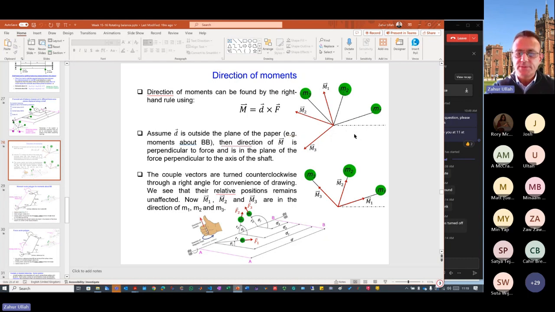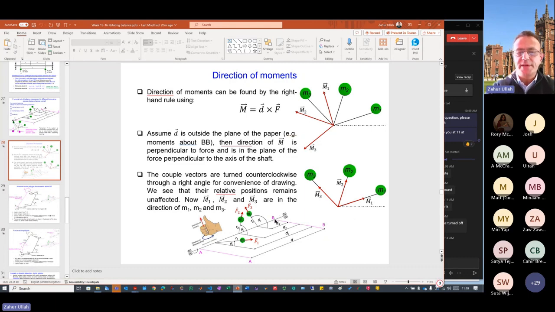But because this whole system is rotating, if you take M1, M2, and M3 along the masses M1, M2, and M3 given here, it doesn't make any difference, because the relative position is important, not the absolute position. This means that the actual moments are at right angle to these masses, but because we can move these, we can make them align with the forces. So this is how you calculate the direction of the moments.